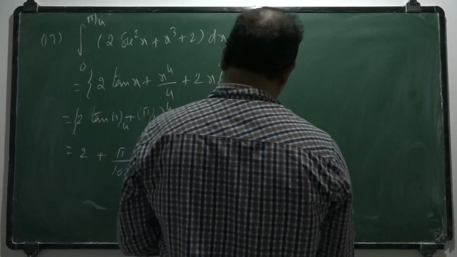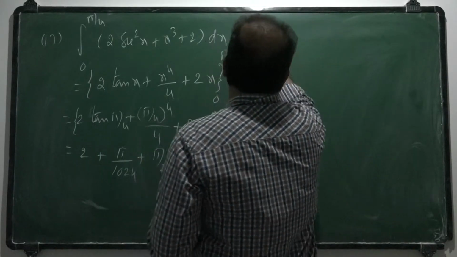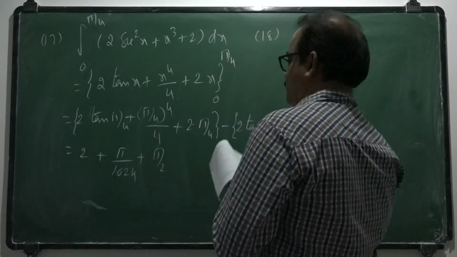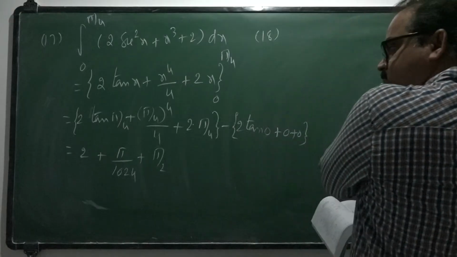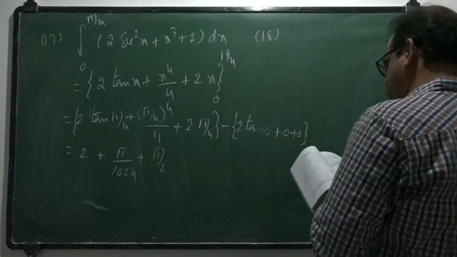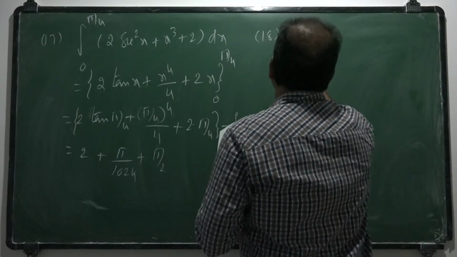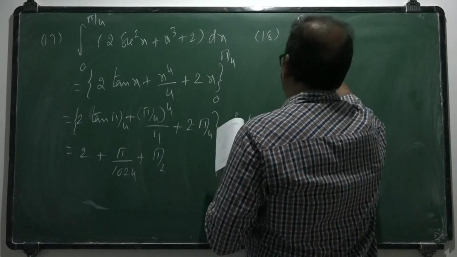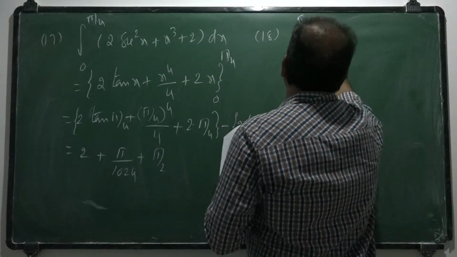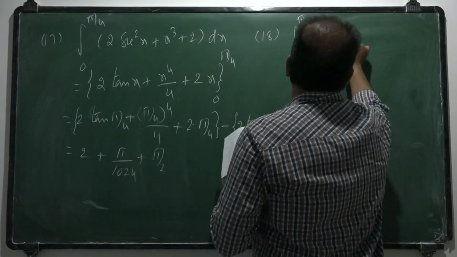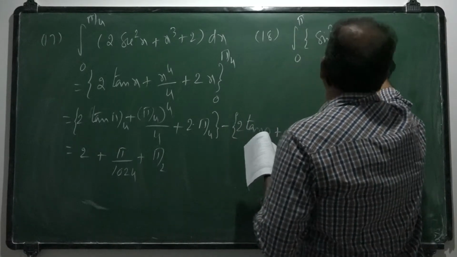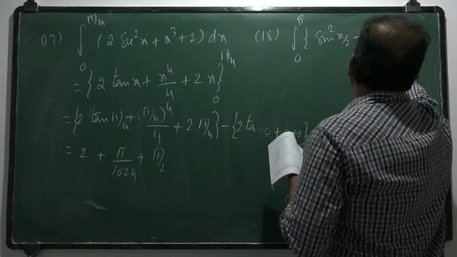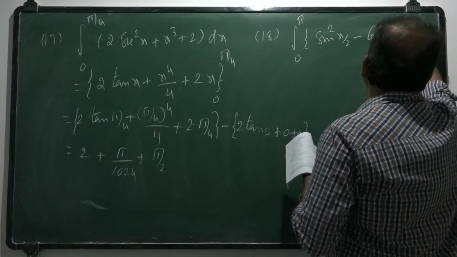Next, eighteenth. Integral 0 to pi of sin square x by 2 minus cos square x by 2, dx.